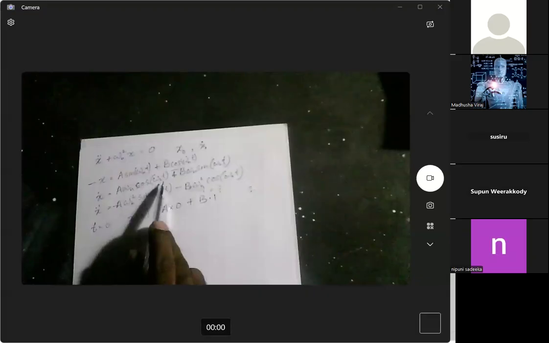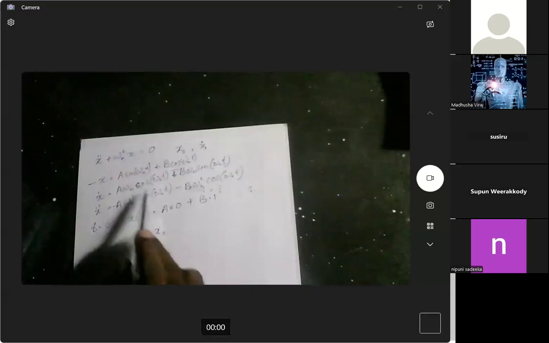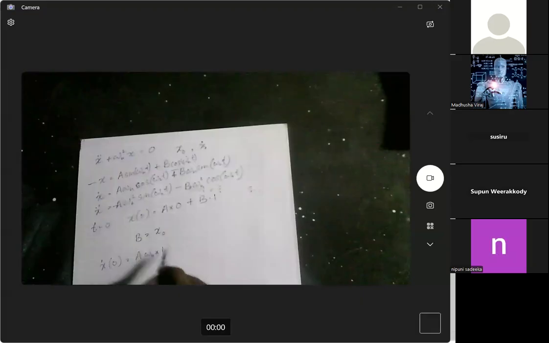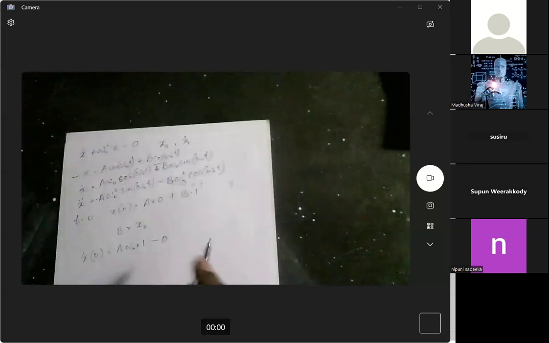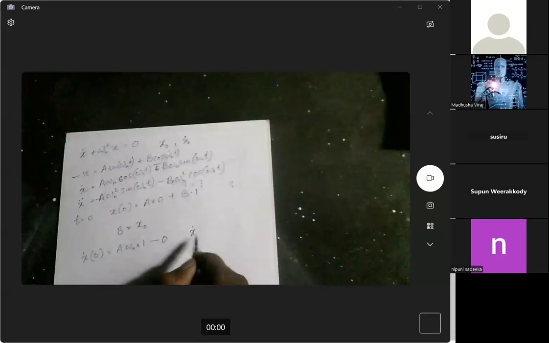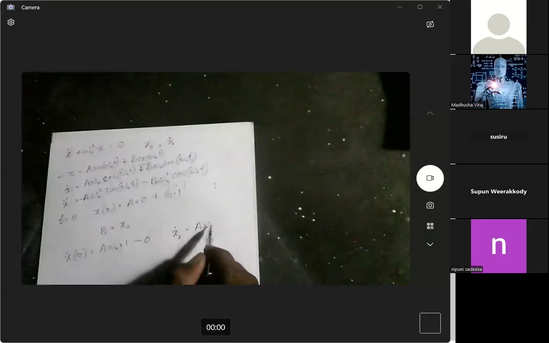That means this part is 1. Minus, you have a sine term here, and sine 0 is 0. So from here, what we get? x dot 0 is equal to A omega n.